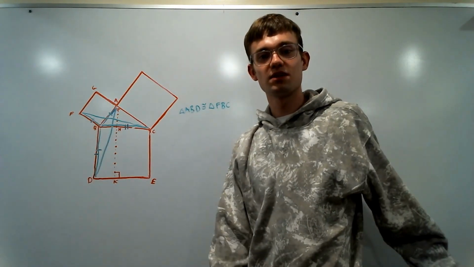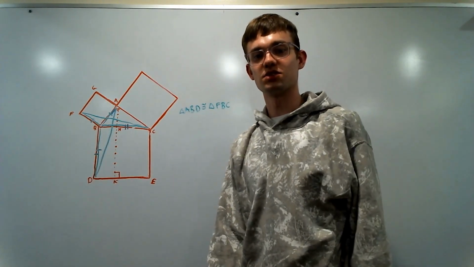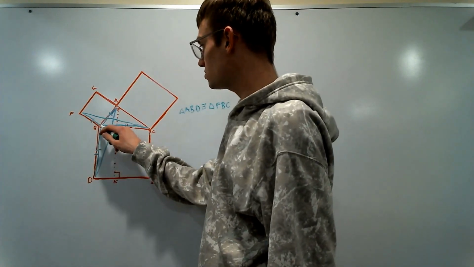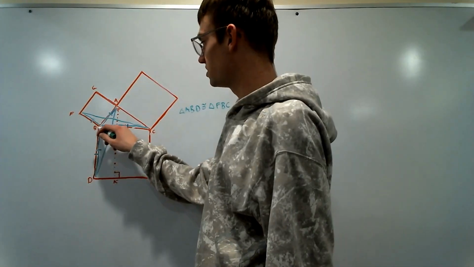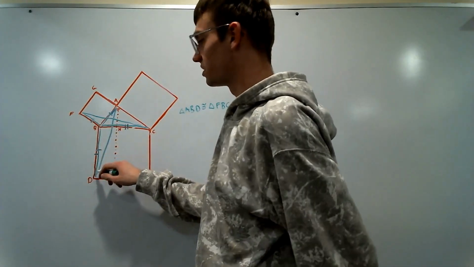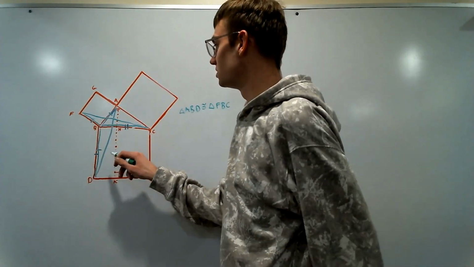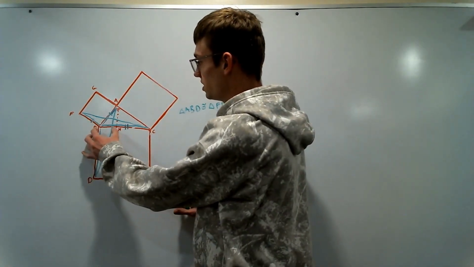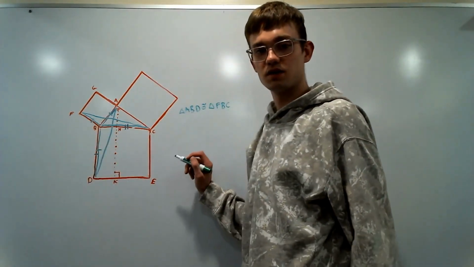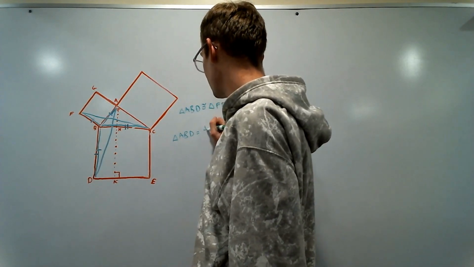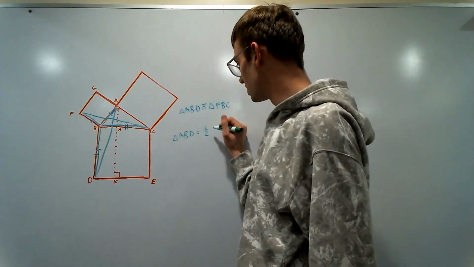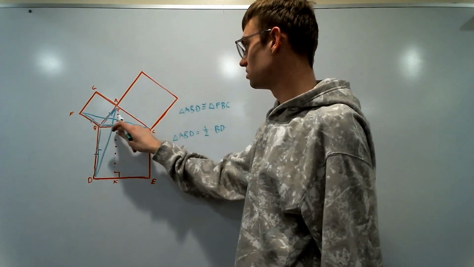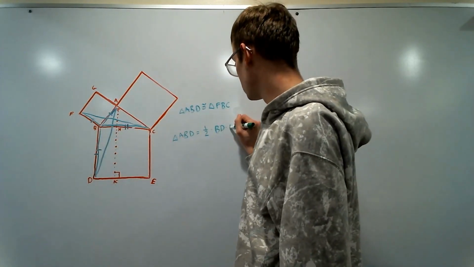So the next thing we want to look at is the area of both of those triangles. First, look at triangle ABD. We can say that its base lies on side length BD, and its height is BH. So the area equals 1/2 times the base BD times the height BH.